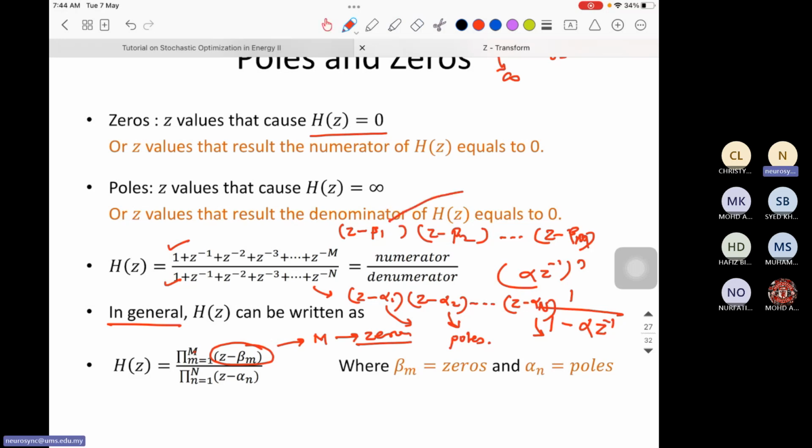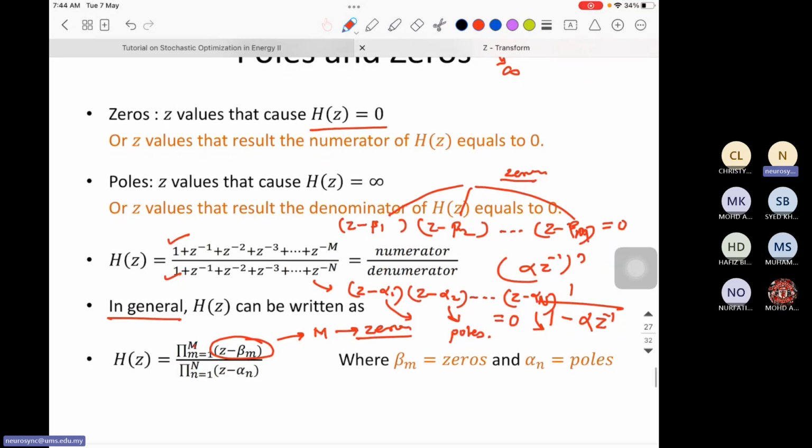This beta 1, beta 2, till beta M are the zeros of the system. If we make the numerator equal to 0, then we'll get the zeros. If we make the denominator part equal to 0, then we'll get the poles of the system. In general, we write this denominator part in this form, the product over n equal to 1 to capital N. So this capital N poles will be there in the system.